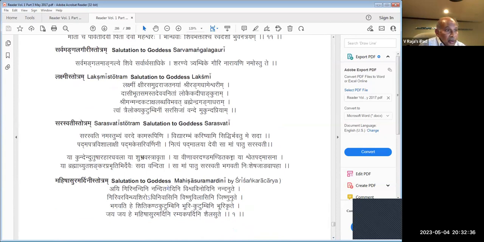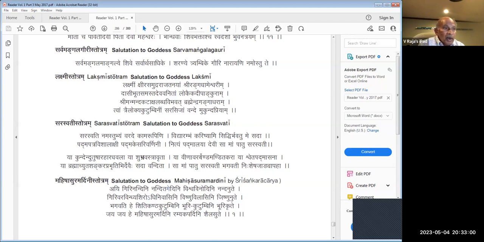See that here? Ya veena varadanda mandita kara. And because of that veena in the hands of Saraswati, the hands are glowing because of the veena.